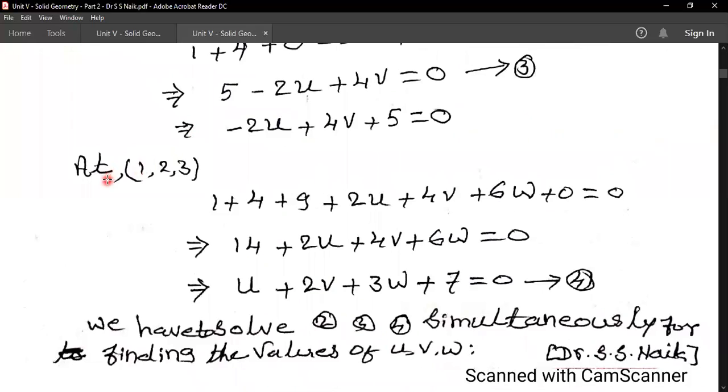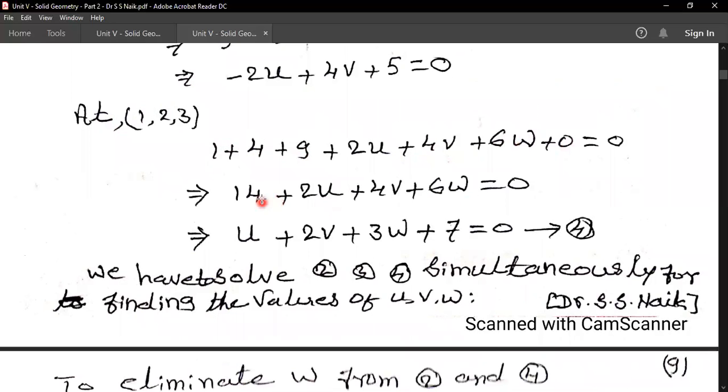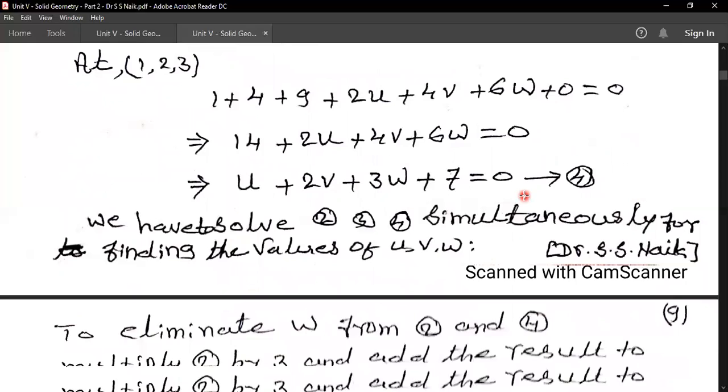Then at the last point, that is 1, 2, 3, again put the values of x is equal to 1, y equal to 2, and z is equal to 3. Then you get the corresponding equation, and again d is equal to 0. Therefore this becomes 14 plus 2u plus 4v plus 6w is equal to 0.